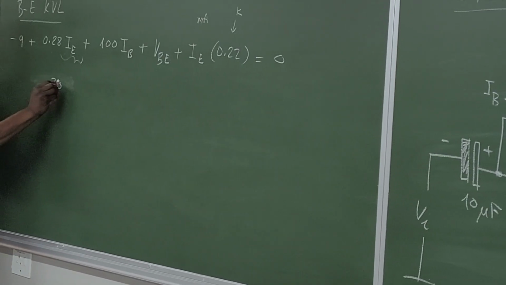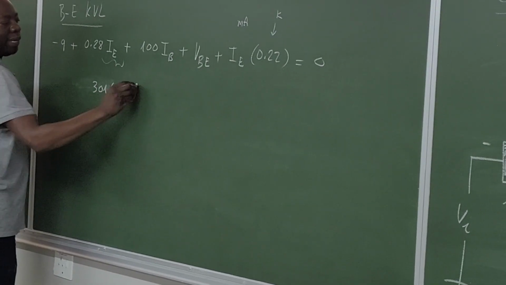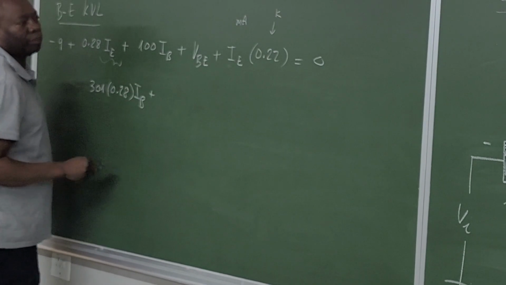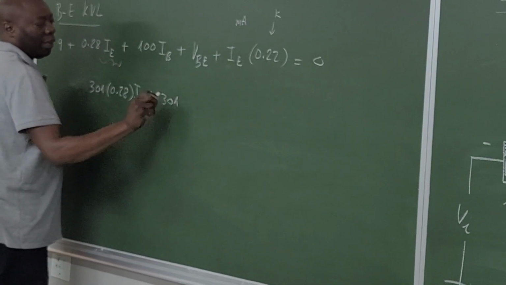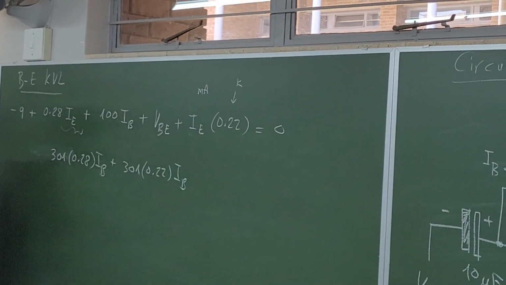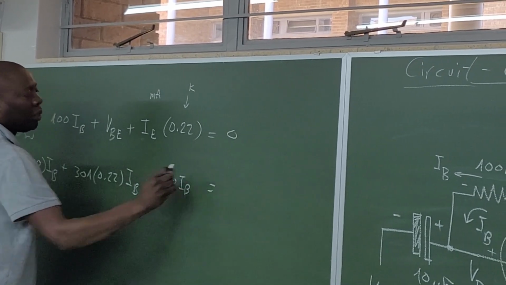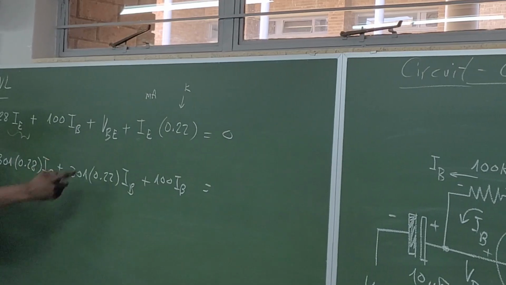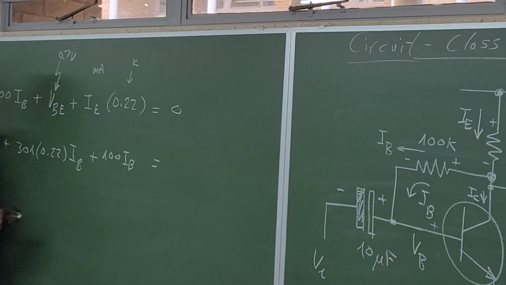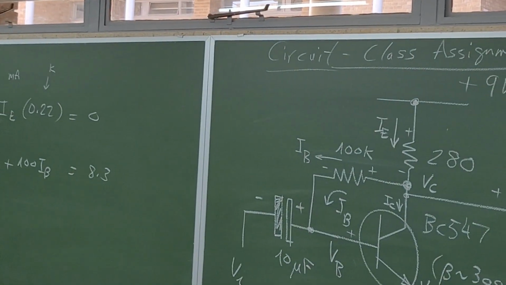So it's going to be 301, okay. 0.28, not forgetting IB, plus again 301 times 0.22 IB for that, plus 100 IB is equal to the 9 with the 0.7, okay? This here, 0.7. So it's going to be 8.3 when it goes that side.